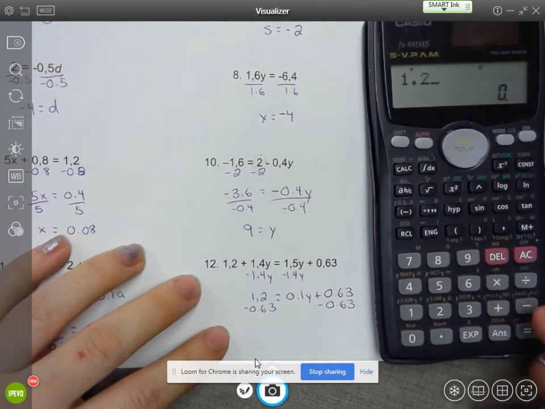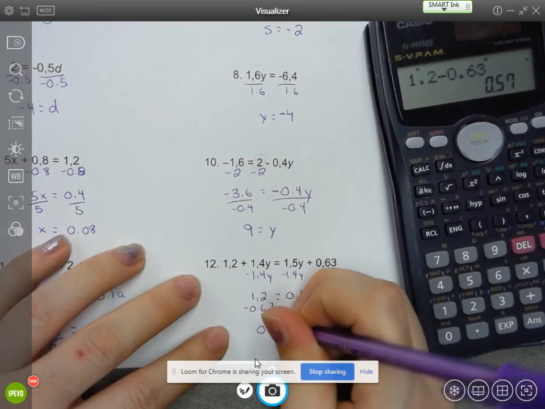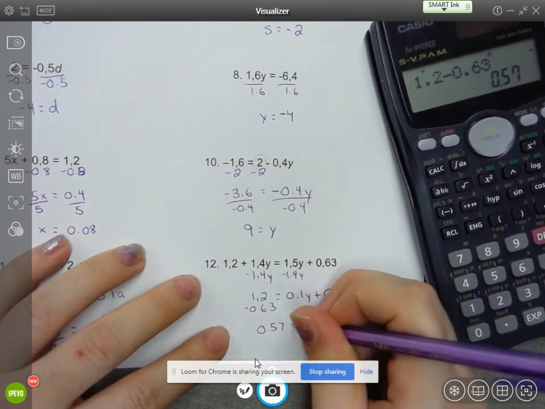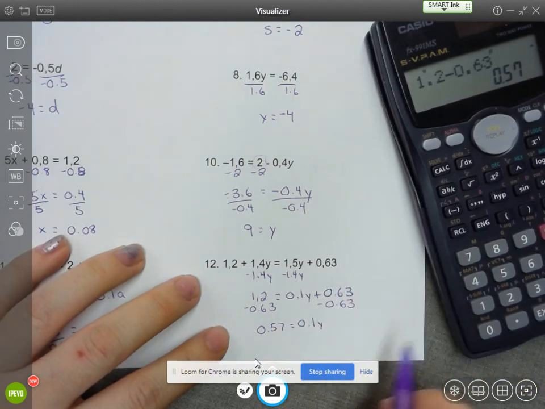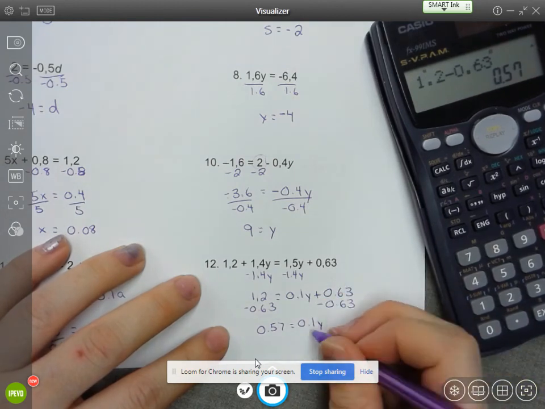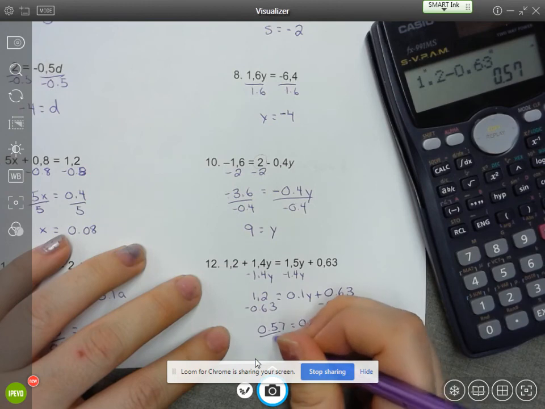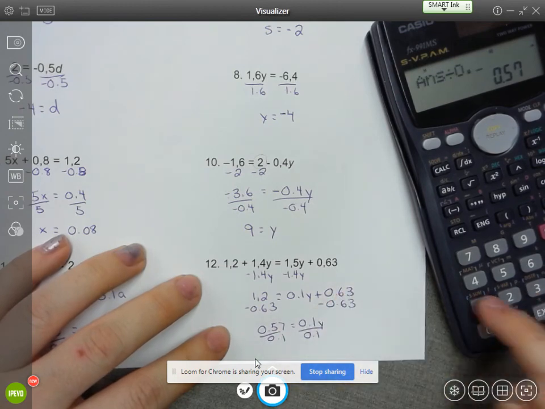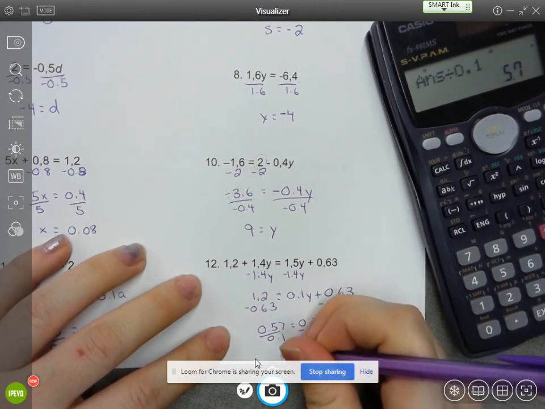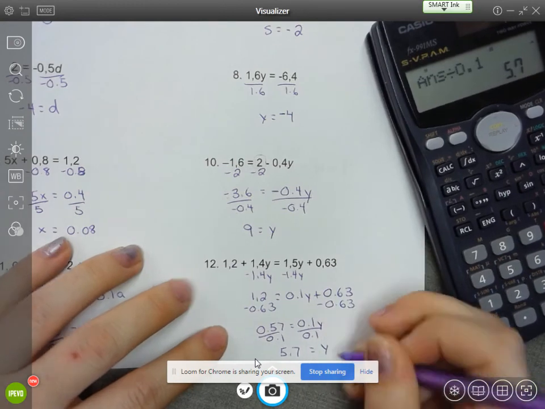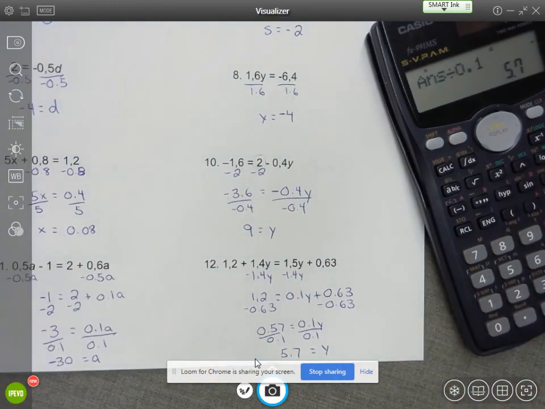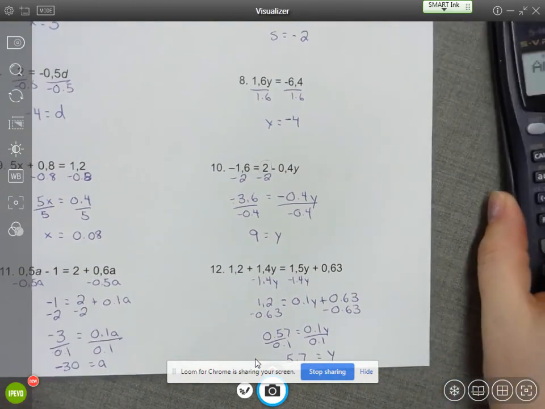So 1.2 minus 0.63 is equal to 0.57, and that's equal to 0.1y. The opposite of multiplying by 0.1 is dividing by 0.1, which gives me an answer of 5.7 is equal to y. Hopefully the decimal sections made sense.